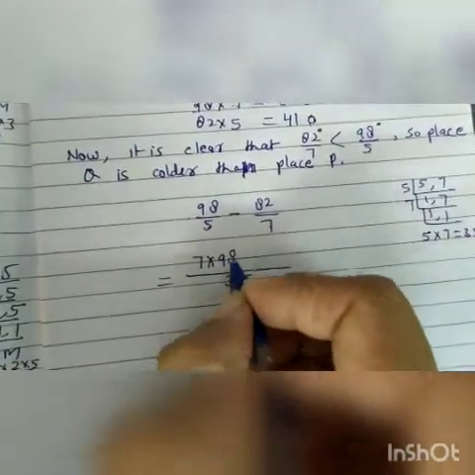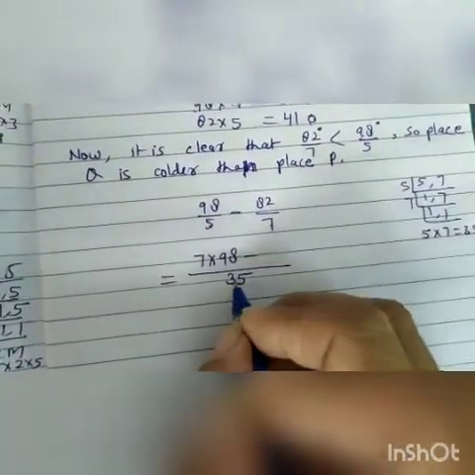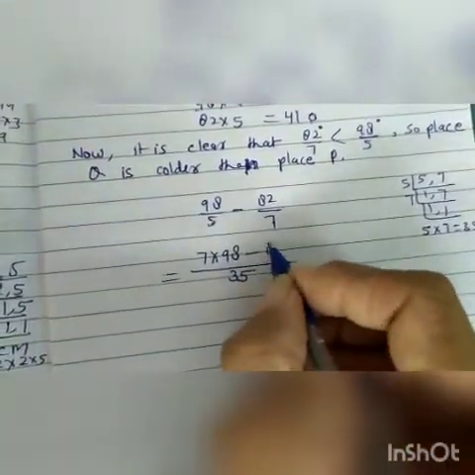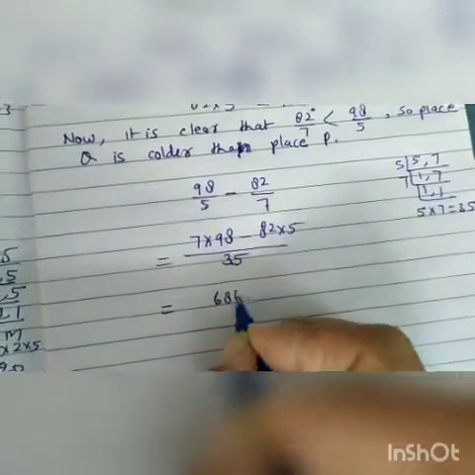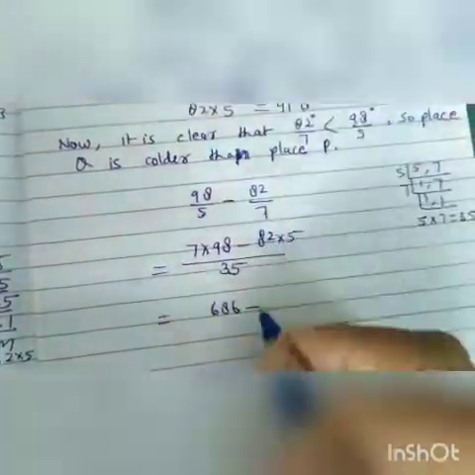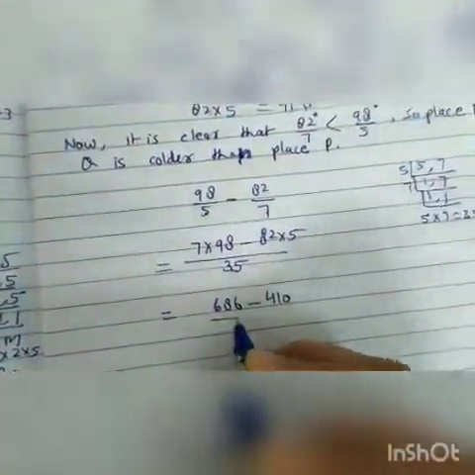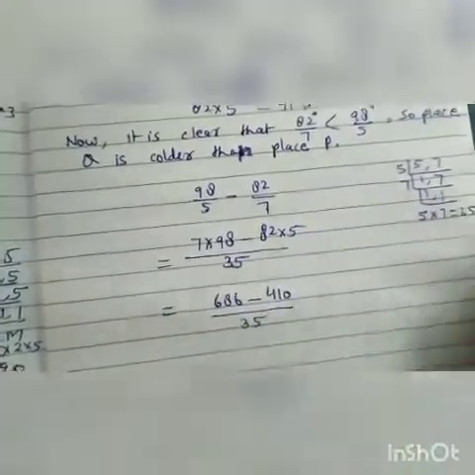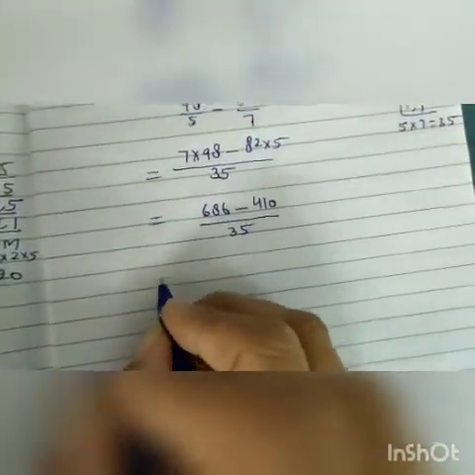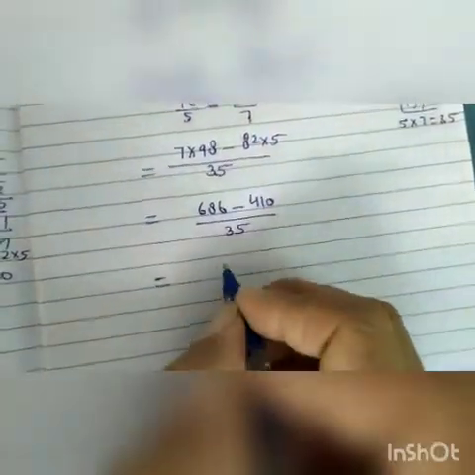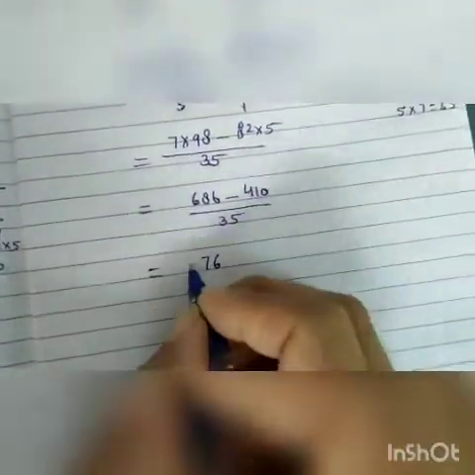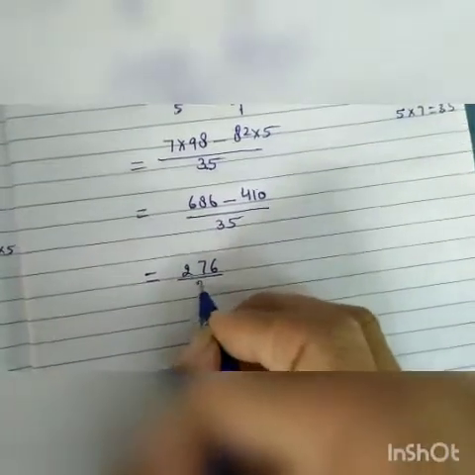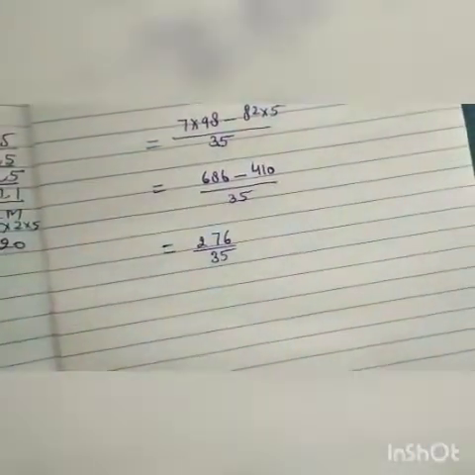So 7 into 98 minus 7 5 ja 35, 82 into 5. Now 7 into 98 is 686 minus 82 into 5 is 410 upon 35. We will subtract 6 minus 0 6, 8 minus 1 7, 6 minus 4 2, 276 upon 35.